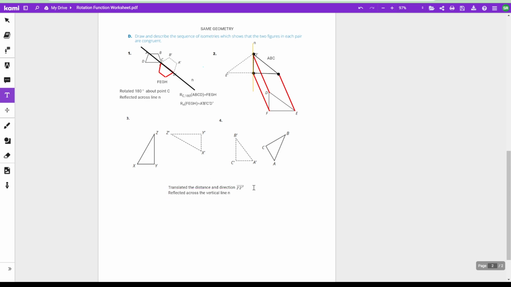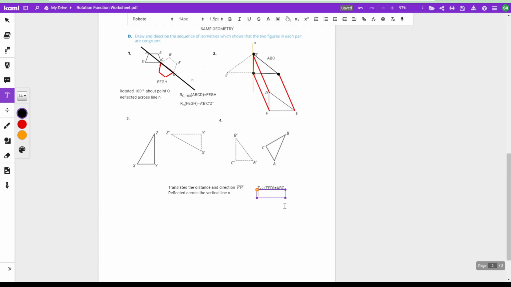In function notation, how this would look is capital T for translate, with subscript F, F prime for moving this in the distance and direction of F to F prime. Our input shape was FED, and our output shape was ABC, which we labeled ourselves.